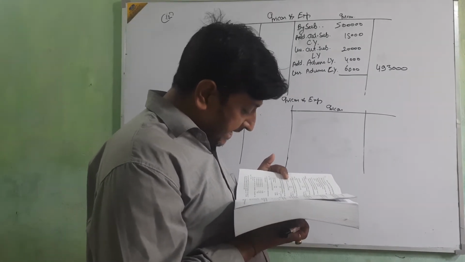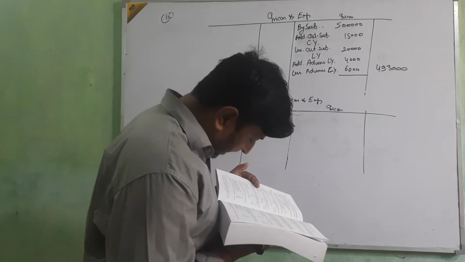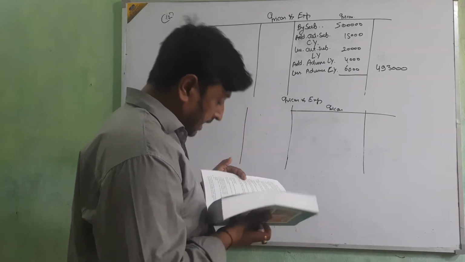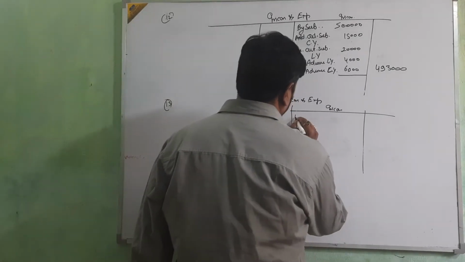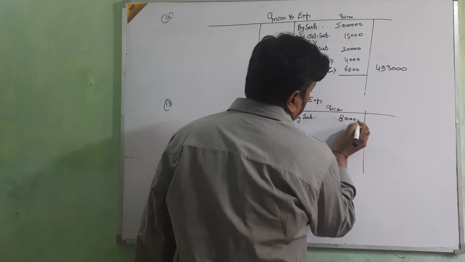So during the year, subscription received amount is 80,000. So by subscription 80,000.